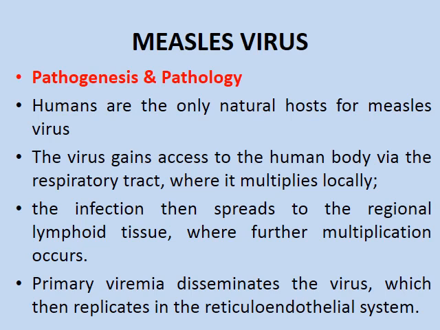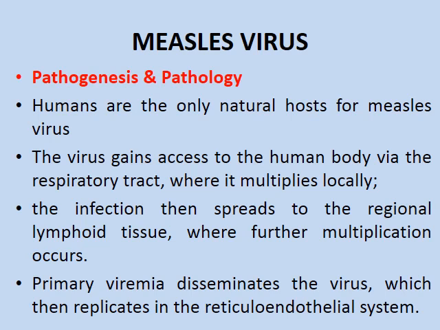Humans are the only natural host for measles virus. The virus gains access to the human body via the respiratory tract, where it first multiplies locally. The infection then spreads to the regional lymph nodes, the upper neck lymph nodes, where further multiplication occurs.